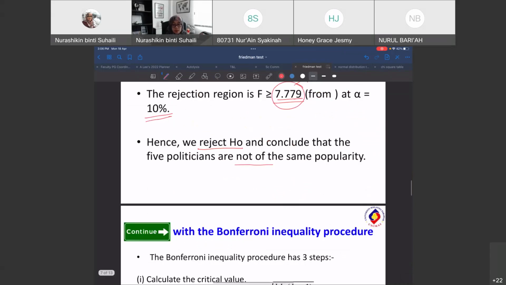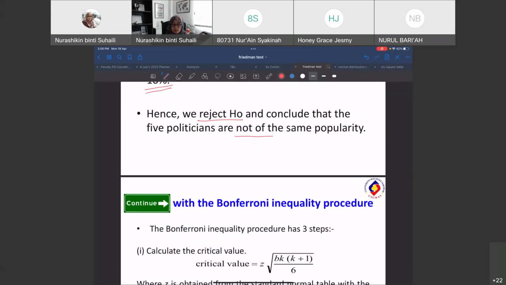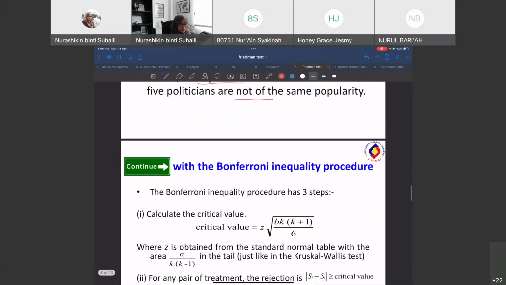So we continue with the 6th step, the Bonferroni inequality procedure. What the 6th step is, we have to calculate the critical value. So in this expression, we already know B is 6 and K is 5, and we need to know Z. In order to find Z, we first have to find the tail area. Our alpha just now, the tail area is equal to alpha divided by K minus 1.